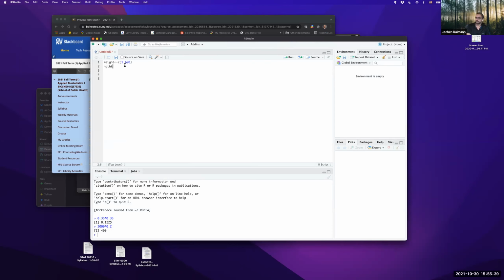And height from what's commonly found. Let's do like 1.2 to 2.2 by 0.1.